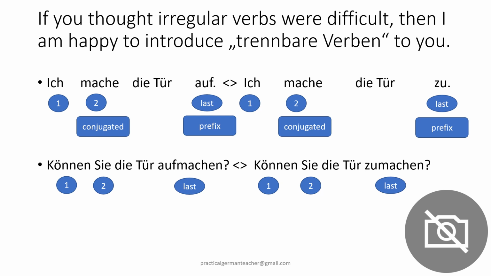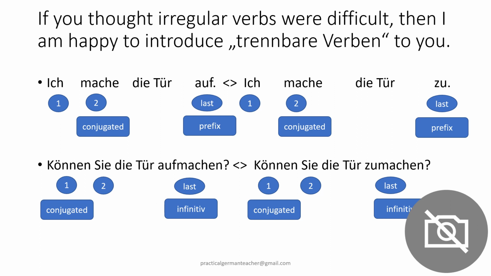Here it just happens to be its infinitive form because the subject is Sie, capital S. I hope you know when you need to use this pronoun. Again, the trennbare verb is in its infinitive form. Please remember, with modal verb, you don't need to separate the prefix. Again, this slide gives you the information which I just said.